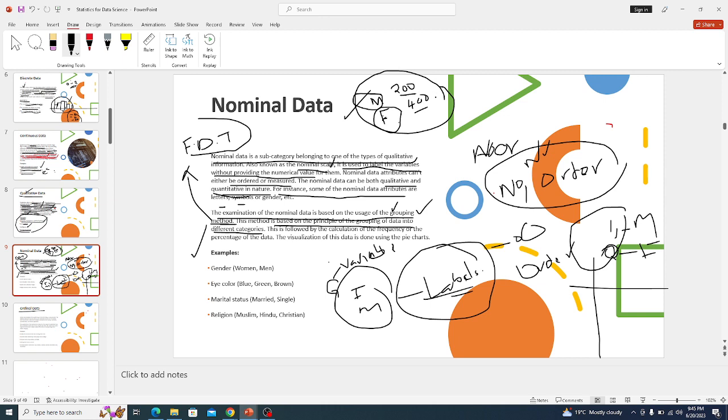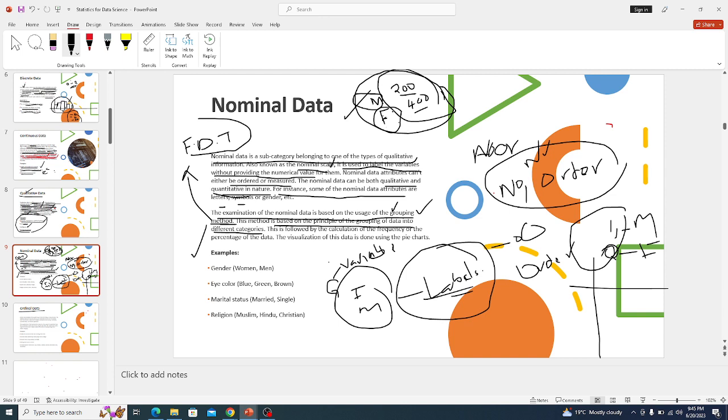And then out of this count you can do some computations. For example, you can compute the proportion of males and females in your data set.